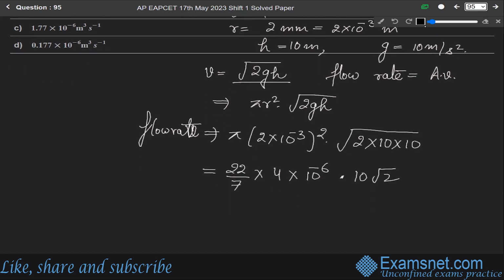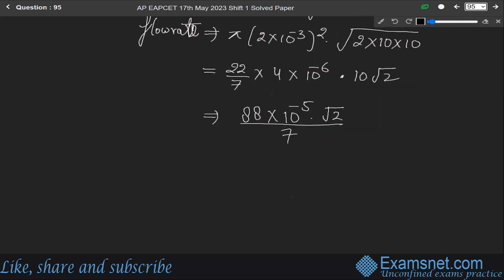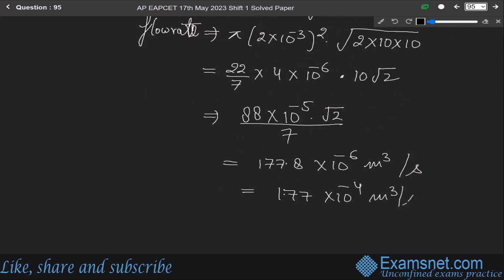Okay. So it will be 88 into 10 to the power minus 5 into root 2 over 10. So flow rate will be 177.8 into 10 to the power minus 6 meter cube per second, which means it equals 1.77 into 10 to the power minus 4 meter cube per second.